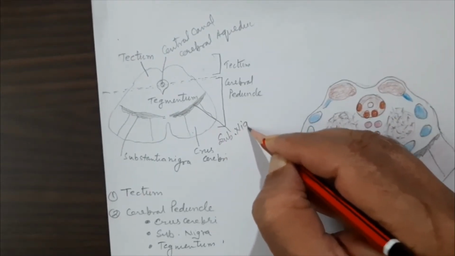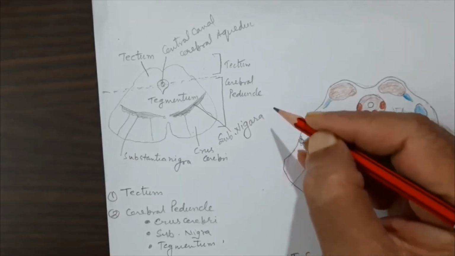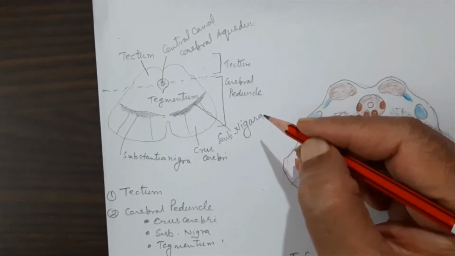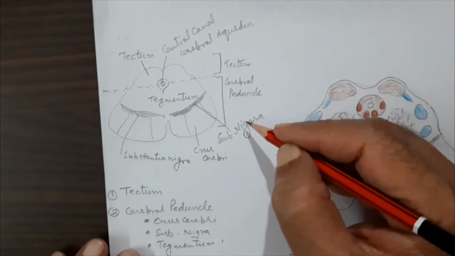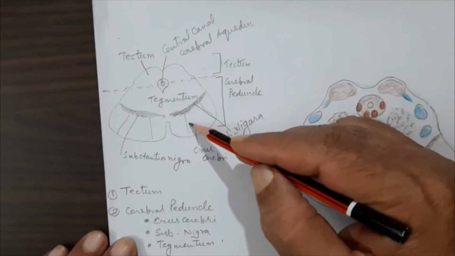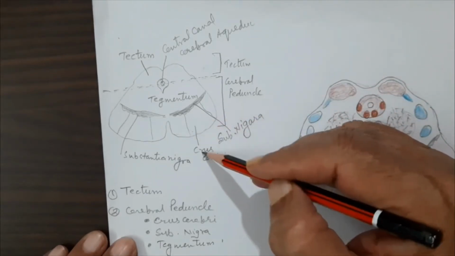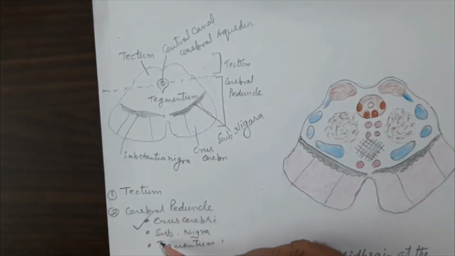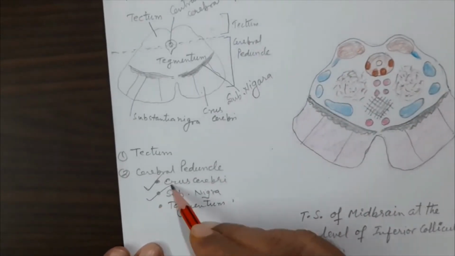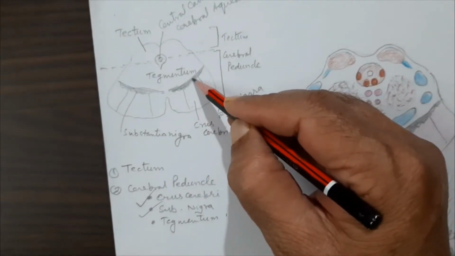Nigra means black, so this part is called the substantia nigra. So the first part is the crus cerebri, and the second part is the substantia nigra.